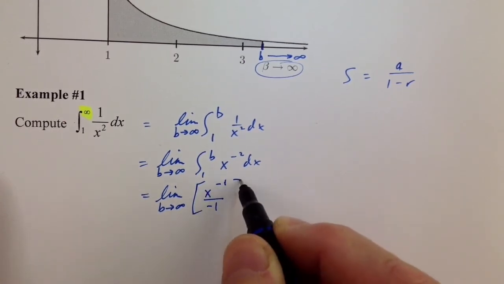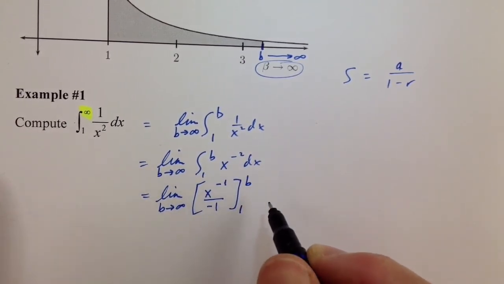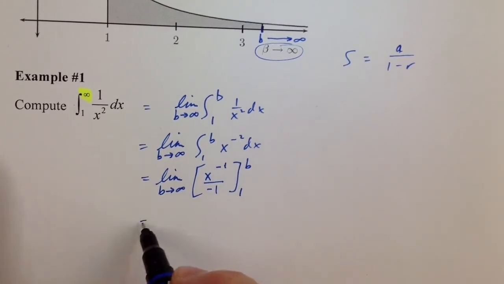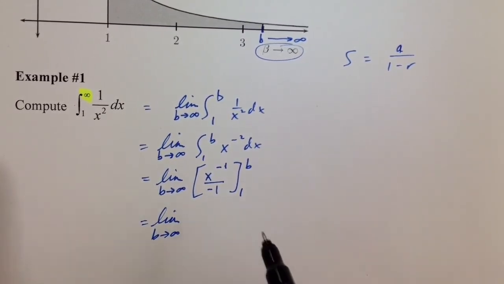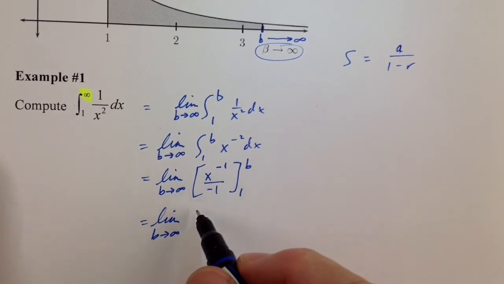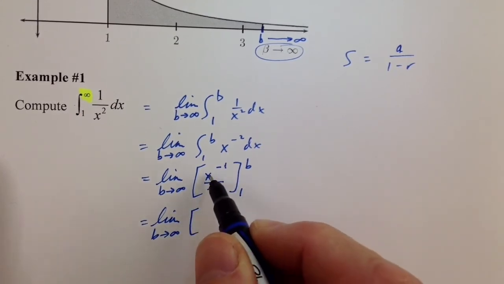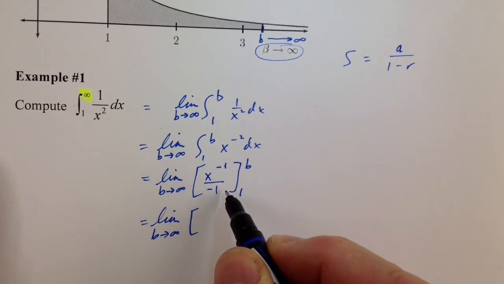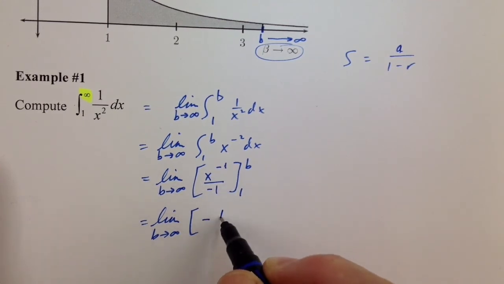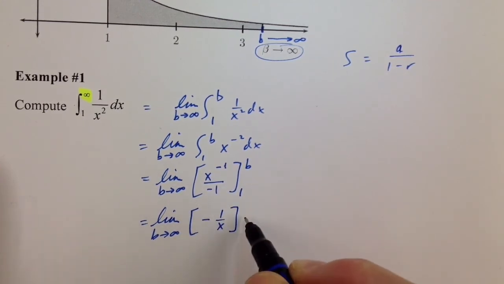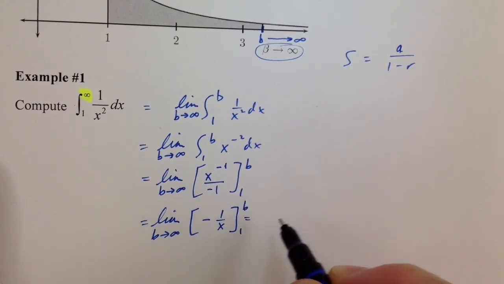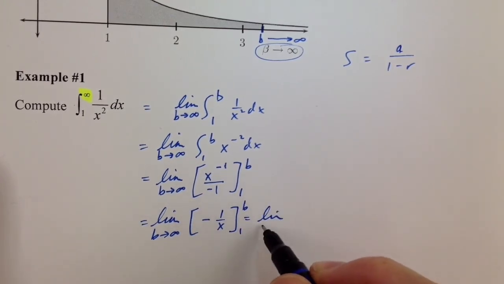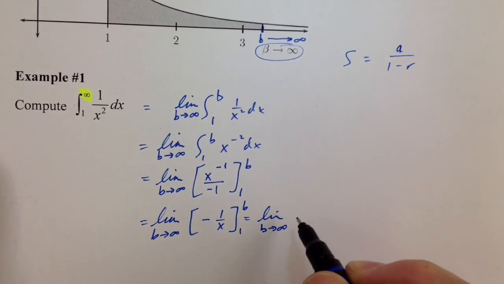And we're going to evaluate that from 1 to b. It's kind of a pain to keep writing that. But I'm going to clean this up just a little bit. x to the negative 1 is 1 over x. Over negative 1 would just be negative 1 over x. And then again, that's from 1 to b, and limit as b goes to infinity.